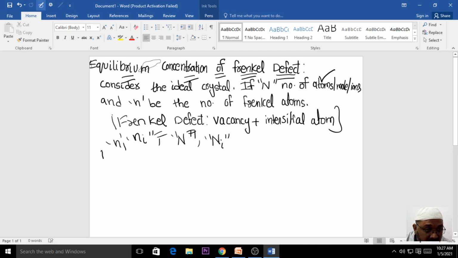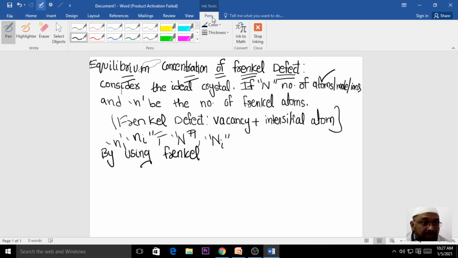By using which particular mathematical concept do we derive this? As in the Schottky defect, we use the probability concept here also.